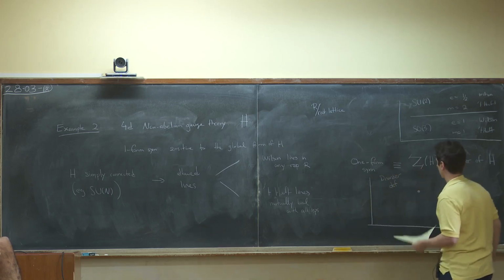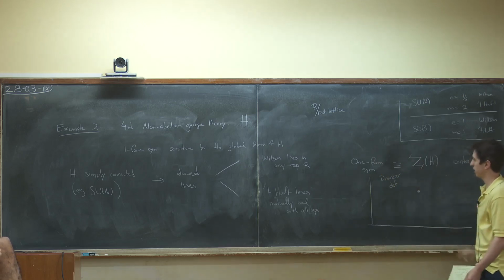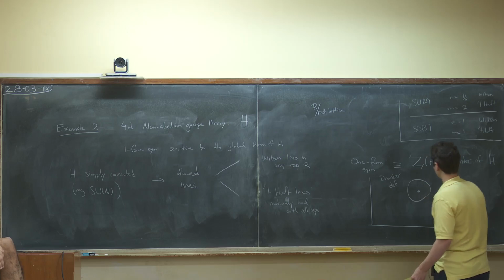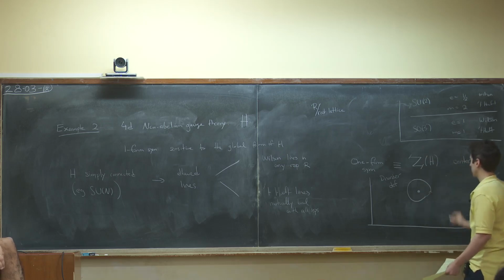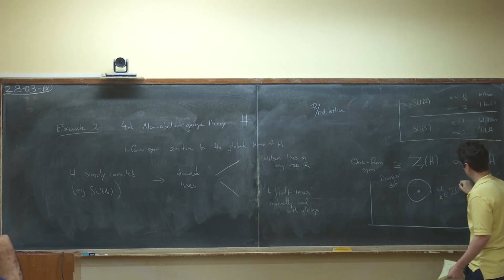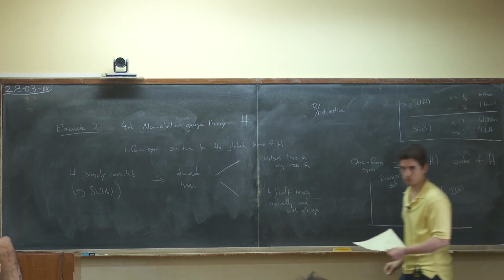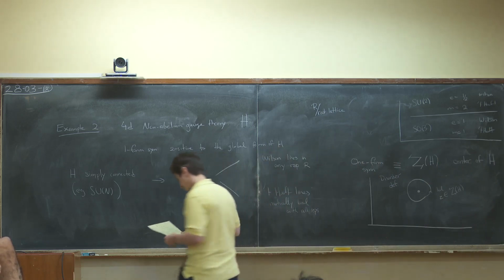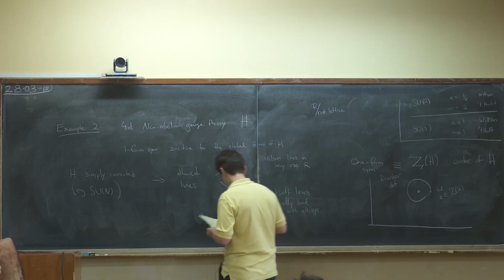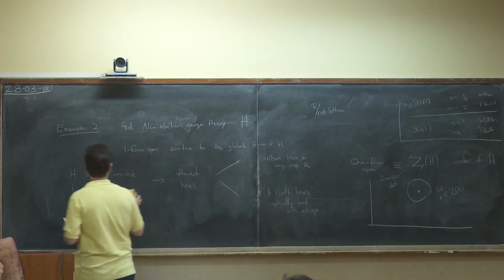So it looks like a point in a plane, since it's a surface operator in 4 dimensions, and I consider only field configurations where, as I go around, the holonomy is some element Z in the center of the group. So that's the disorder definition of this surface operator. Okay.